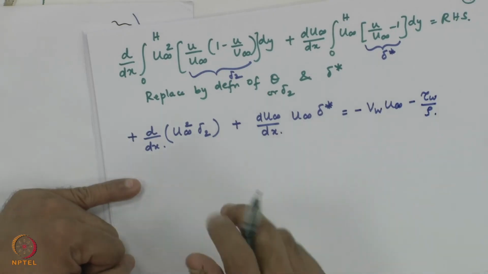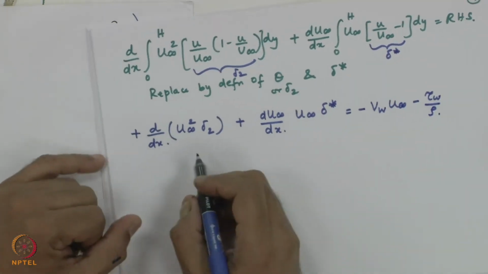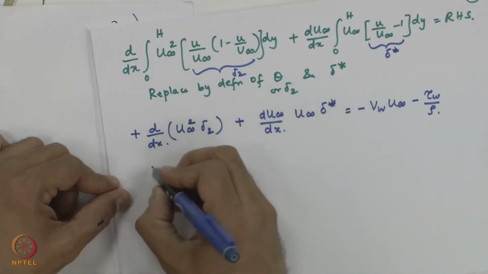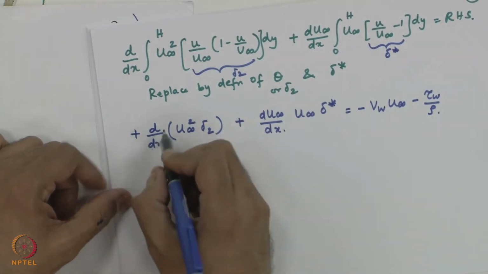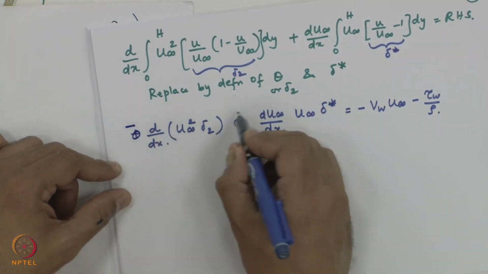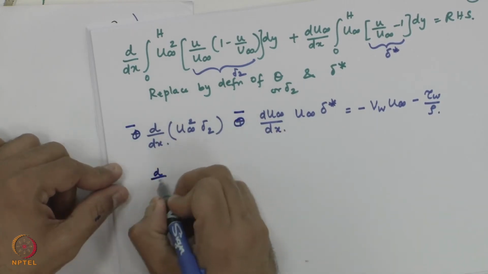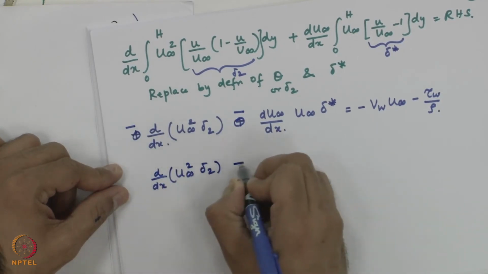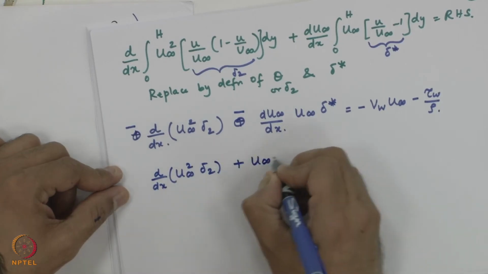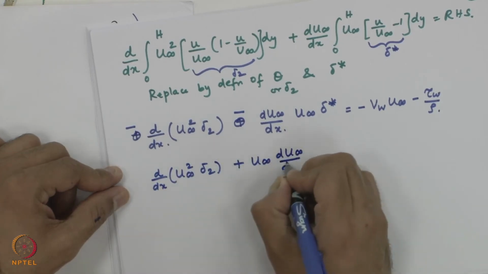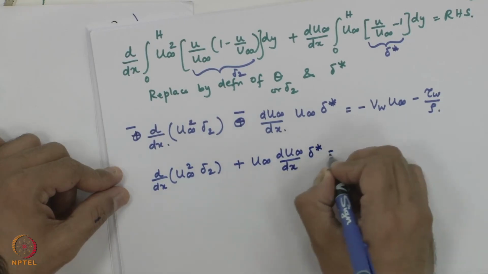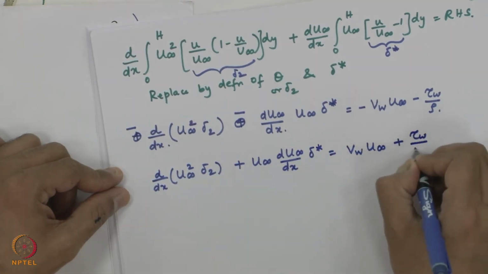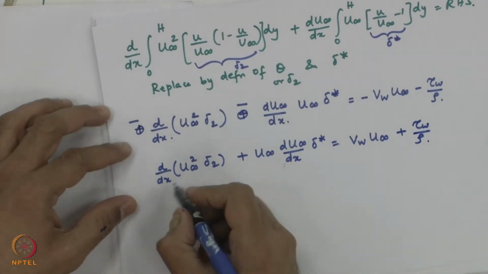So, I absorb the minus signs here. This turns out to be minus minus. So, I would get d by dx of u infinity squared delta 2 plus u infinity du infinity by dx delta star is equal to Vw u infinity plus tau wall by rho.